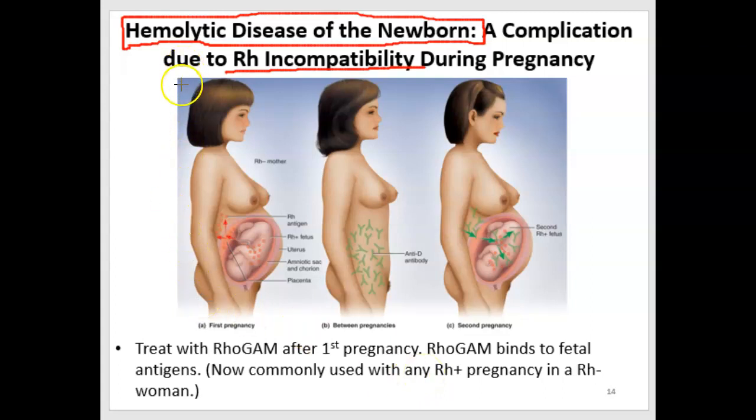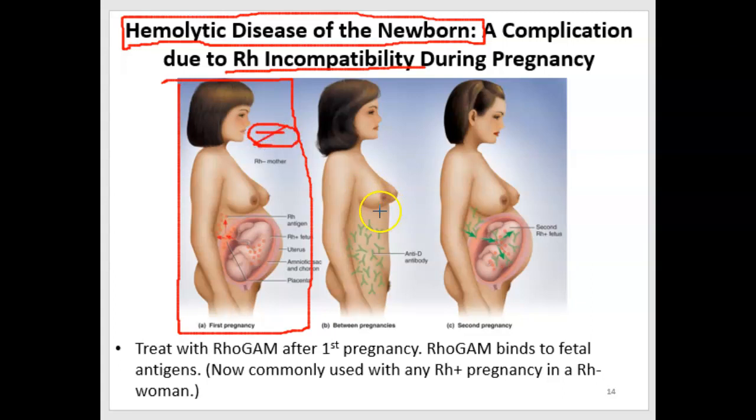So let's say this mother in her first pregnancy is RH negative. And we'll just assume that she's been exposed sometime in her life so that she makes RH antibodies.